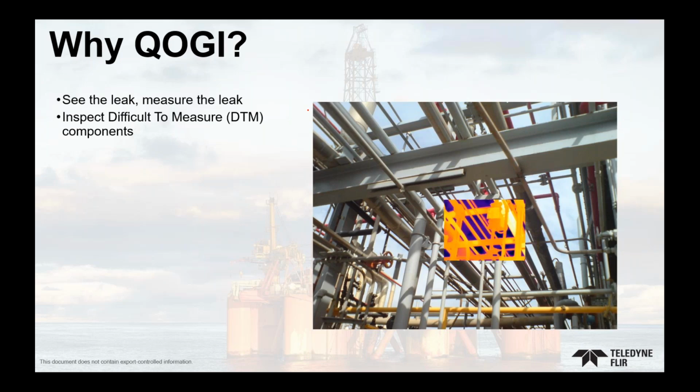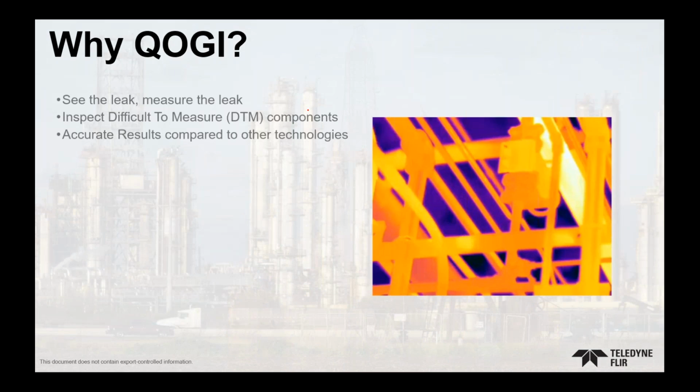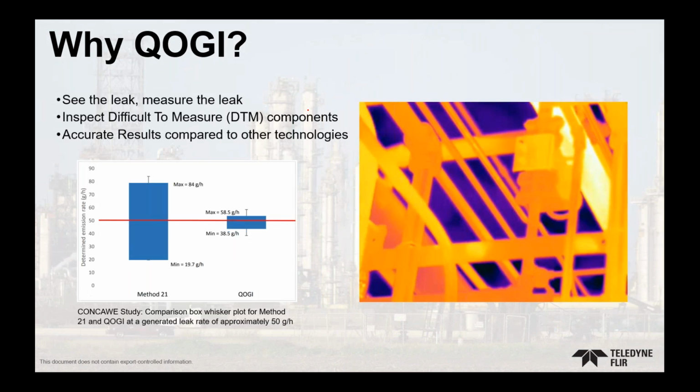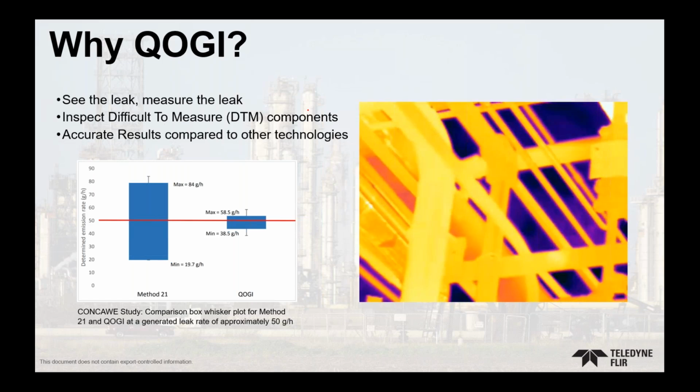If I recall, going back to the Subpart W regulations in the US in 2011 or 12, it was determined that if an individual needed to be elevated more than, I think, 3 or 4 meters from the working surface, they must use OGI to find the leak. Well, that's finding the leak. What about quantification of the leak? Similar thing will apply. So this is where the QOGI tool using the OGI camera becomes very important to be able to inspect these difficult to measure components.